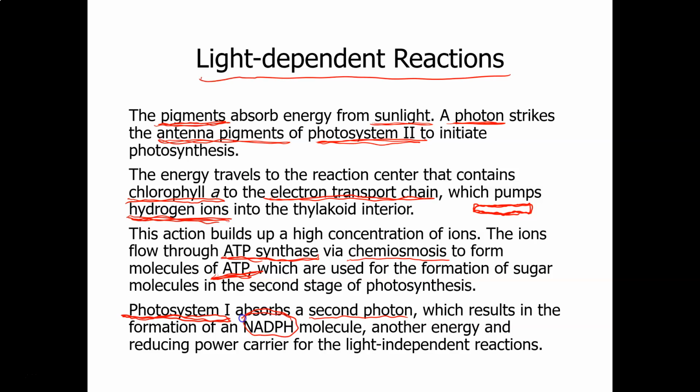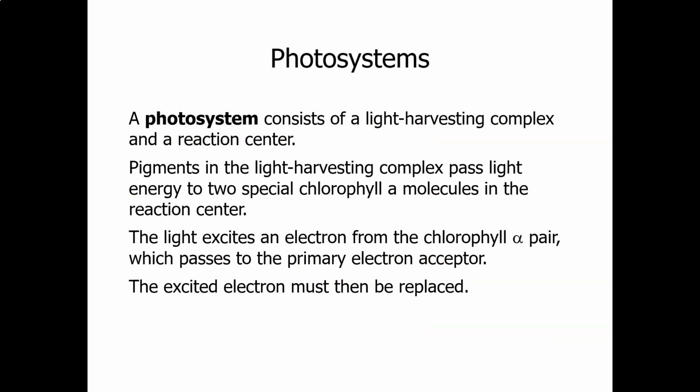So basically, the 2 products of the light-dependent reactions are ATP and NADPH, and these 2 chemicals power the light-independent or Calvin cycle reactions.